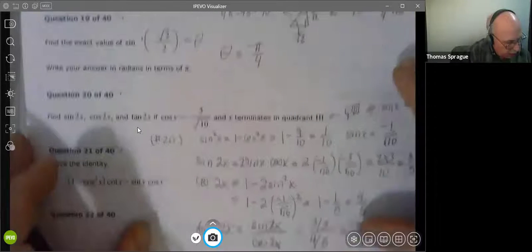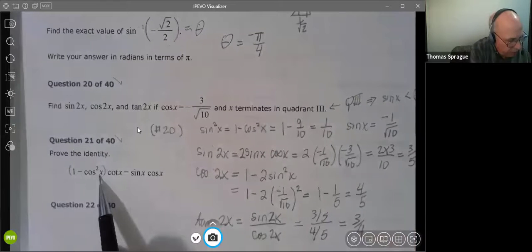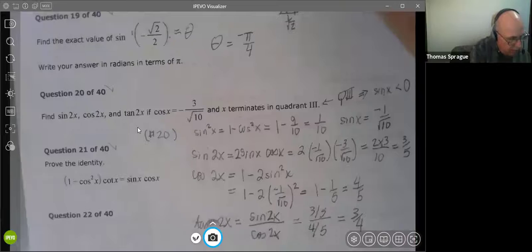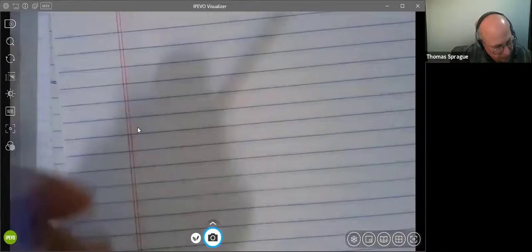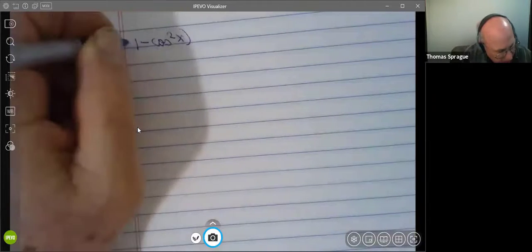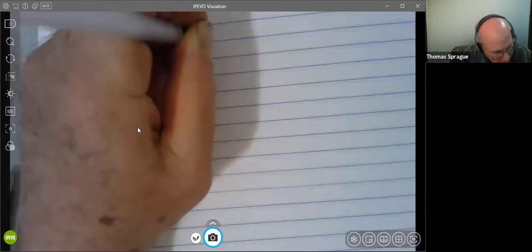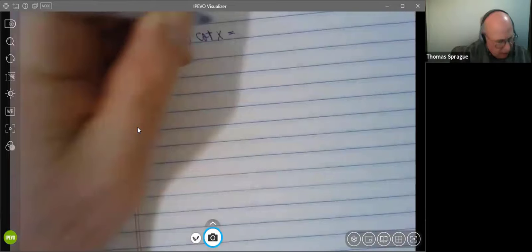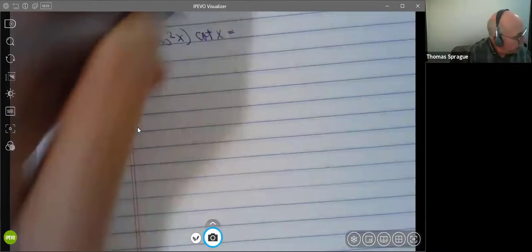Okay, so number 21, we want to solve this equation, 1 minus cosine square x times cotangent x is equal to sine x times cosine of x.